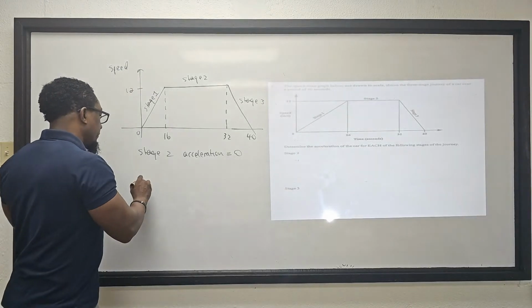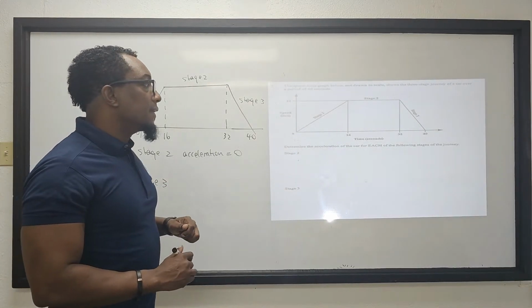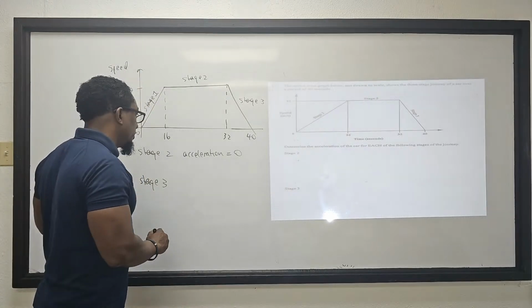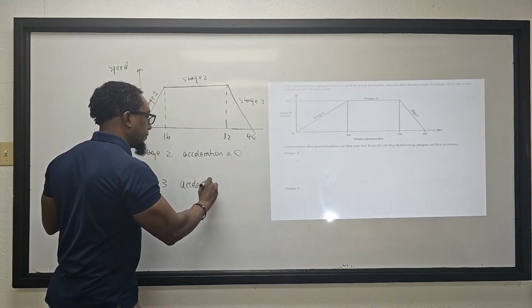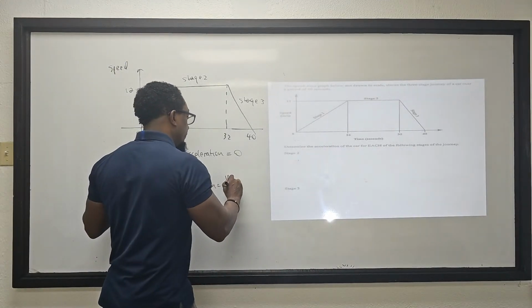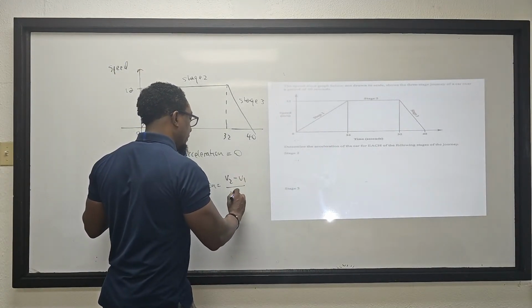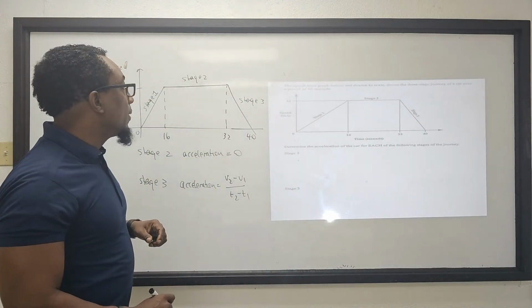Stage 3, determine the acceleration. So the acceleration is change in velocity v2 minus v1 over change in time t2 minus t1.